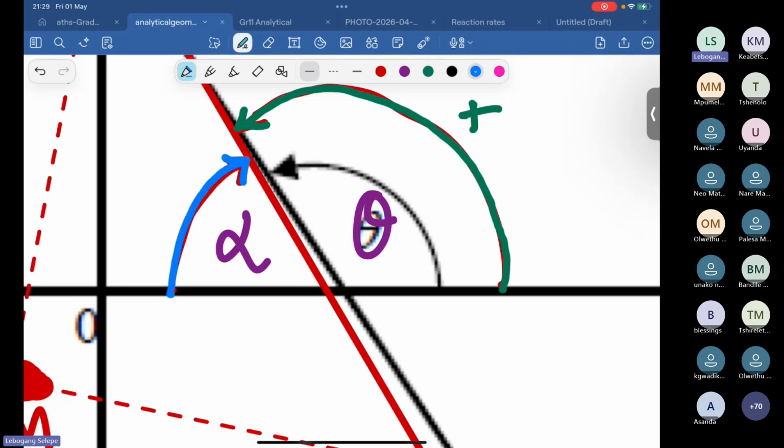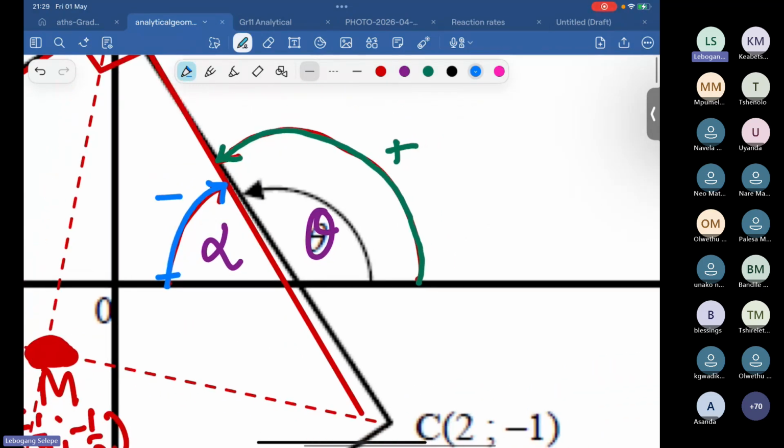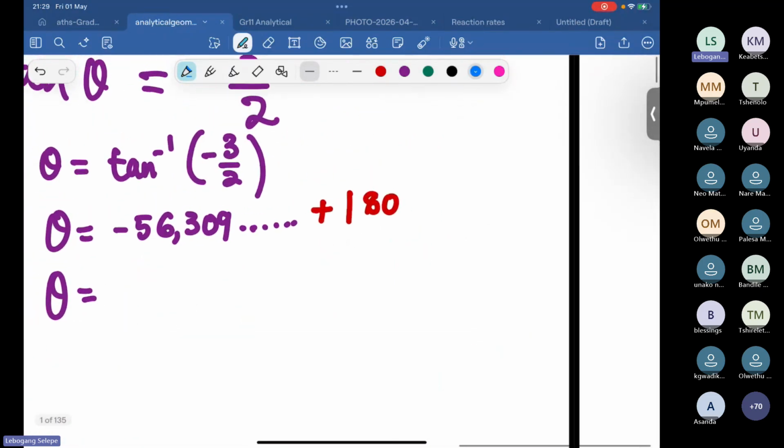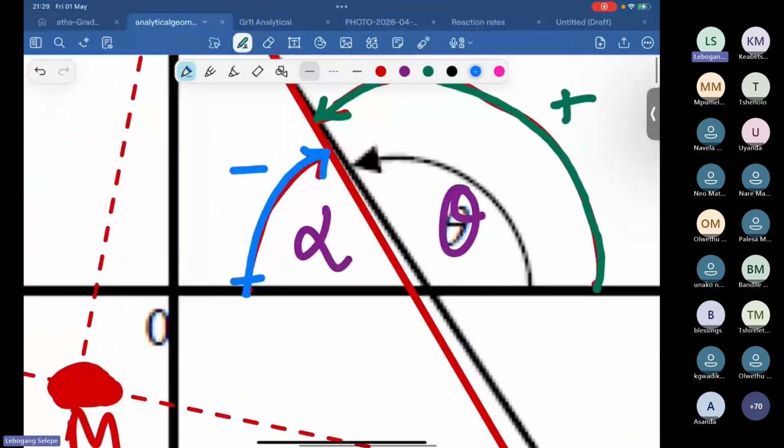And angles that are formed in a clockwise direction are negative angles, like this. So that is why I said when we did the substitution here and found a negative angle, we know very well that the negative angle is alpha, because it's an angle that is formed in a clockwise direction.